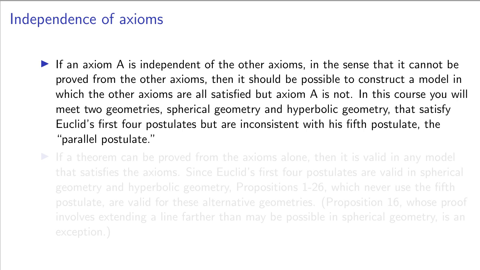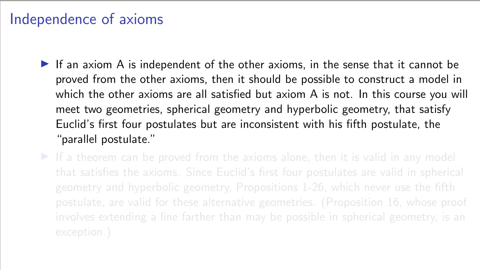So, if an axiom is truly independent of the other axioms, it's not a theorem that can be proved from the other axioms, then since the axiom doesn't follow as a consequence of the others, it should be possible to construct a model in which all the axioms except this axiom A are satisfied.